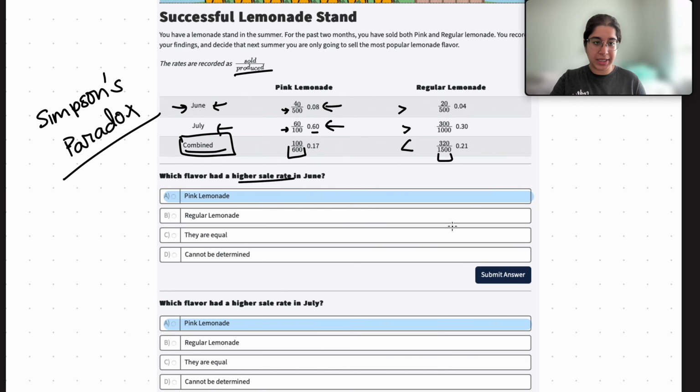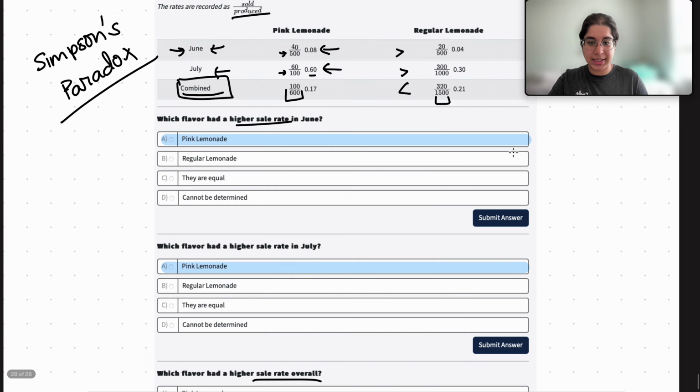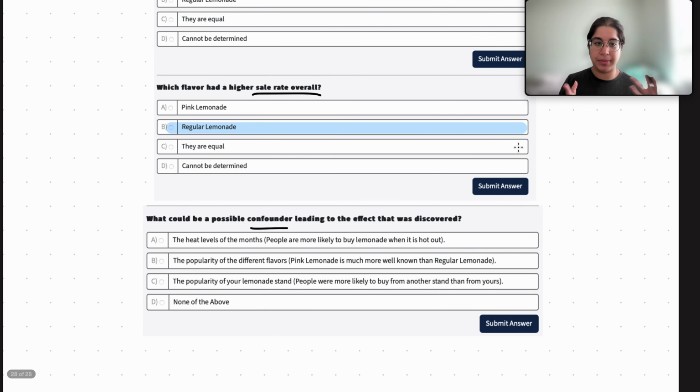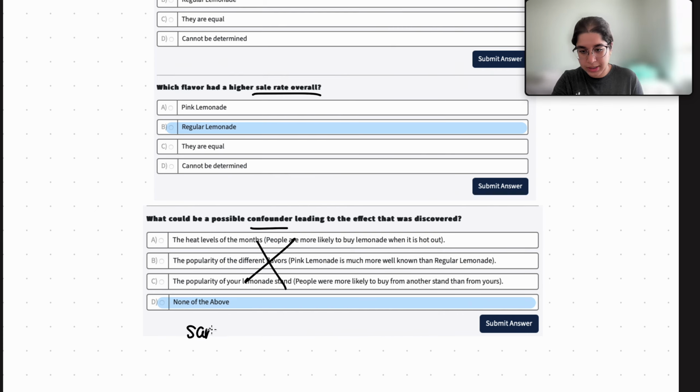So we really need to look at these sample sizes and see that the number of lemonades actually being produced is a possible confounder, right? And that's not shown in any of these answers here. So the answer would actually be none of the above, because the sample size is what's causing this effect to be shown.